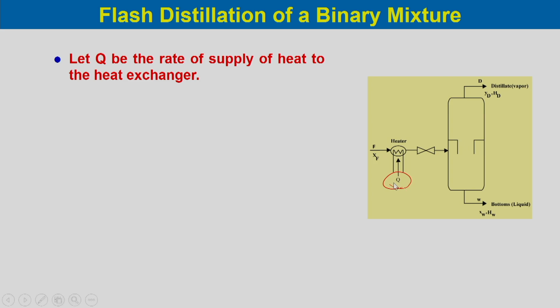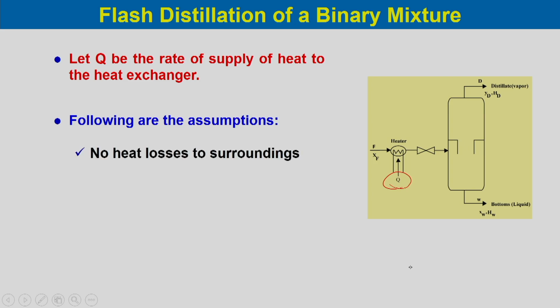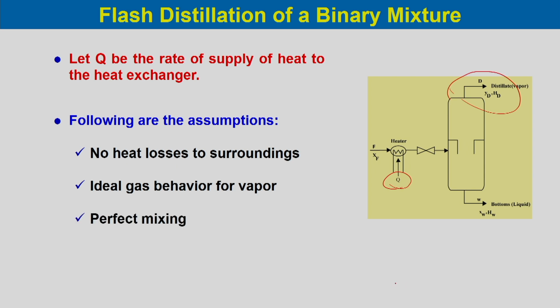Let it be Q. Now, we make the following assumptions: no heat losses to the surrounding, so it is an insulated system; ideal gas behavior for the vapor, so the vapor generated over here should be ideal in nature; and perfect mixing between the vapor and liquid.